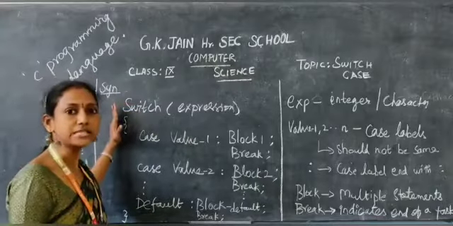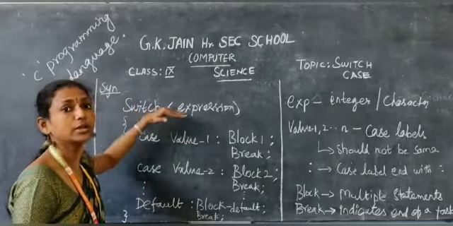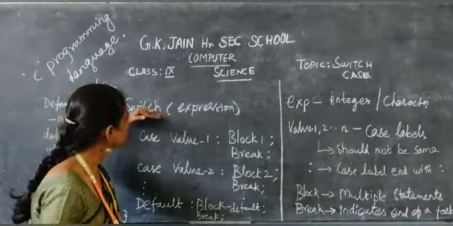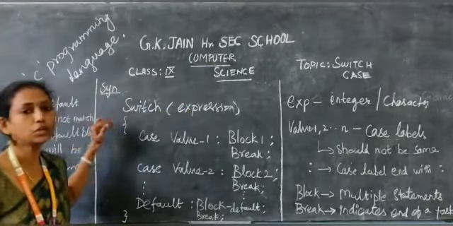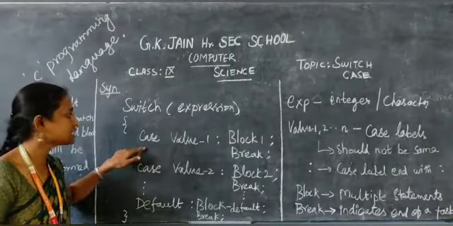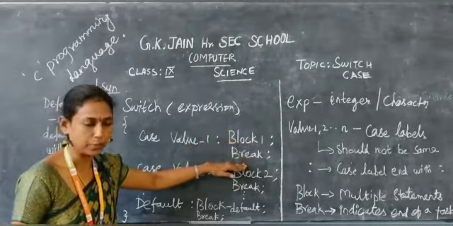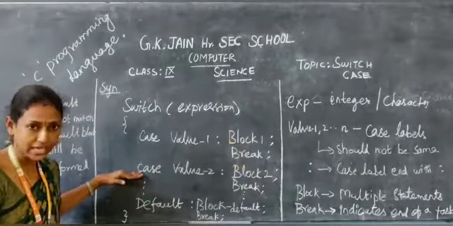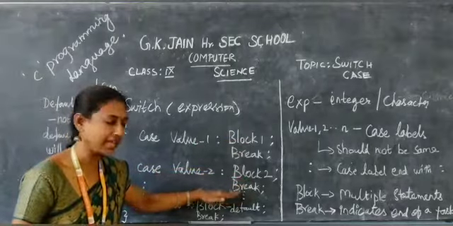This is the syntax for the switch case statement. Switch keyword, then following the switch keyword we have to give the expression. After that, opening braces. Inside the opening braces, case, value 1, block 1 and break. Like that, case, value 2, block 2, break.